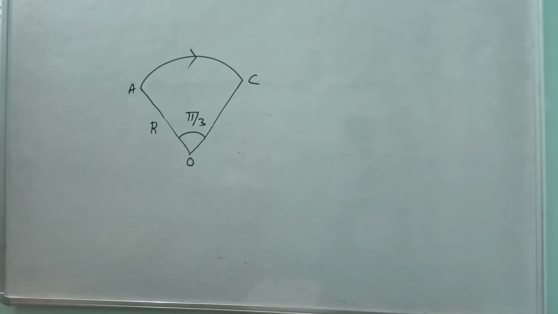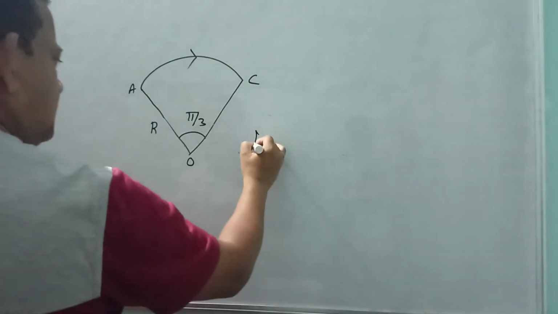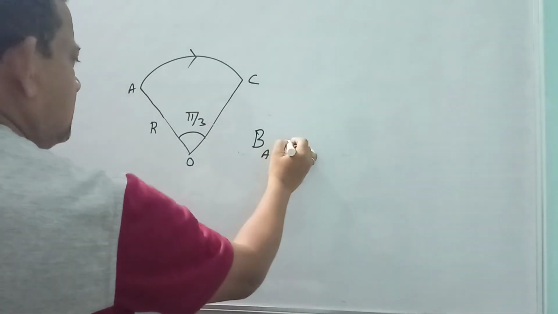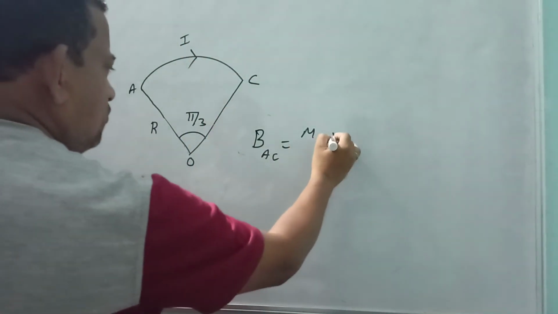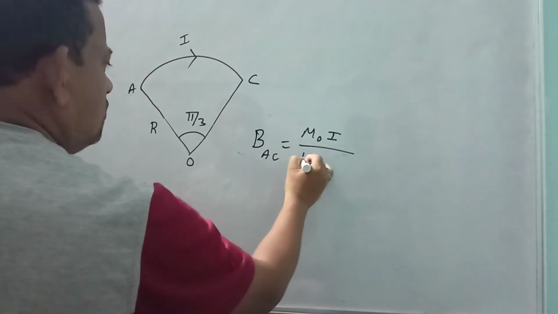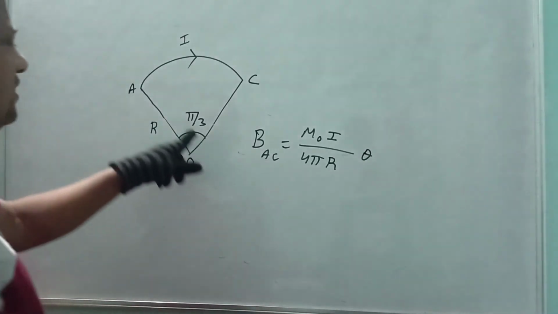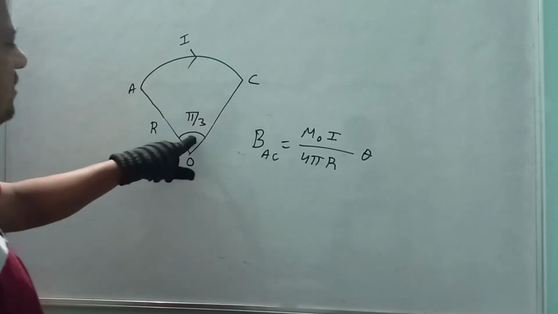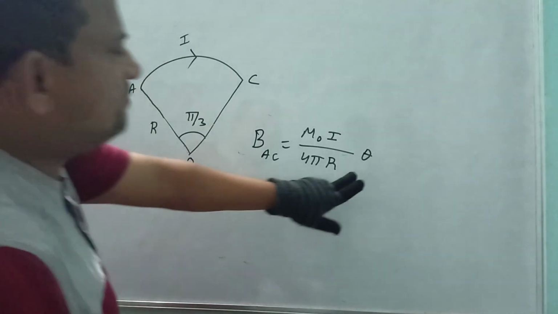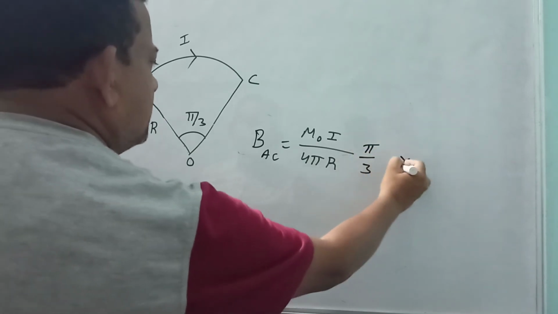So in that case, how do we find the magnetic field for this system? For SC, your magnetic field is mu naught I by 4 pi r into theta, supposing the current is I. Theta means pi by 3, because this arc makes an angle pi by 3 at center O. That's why in place of theta I put pi by 3, and the direction is inward.